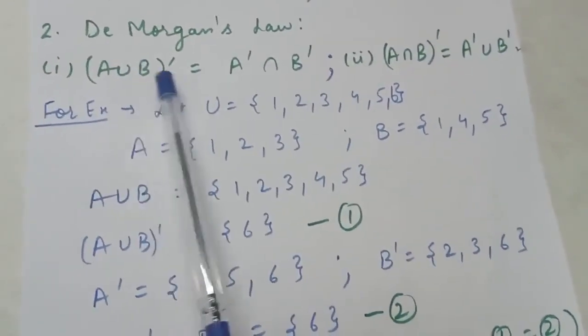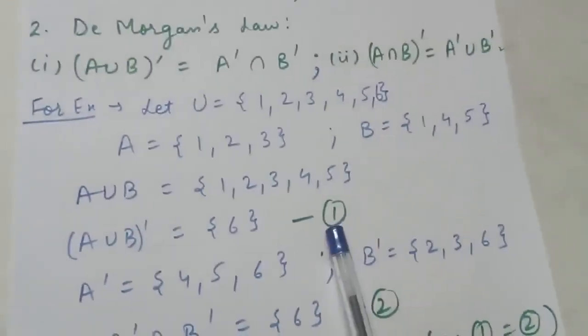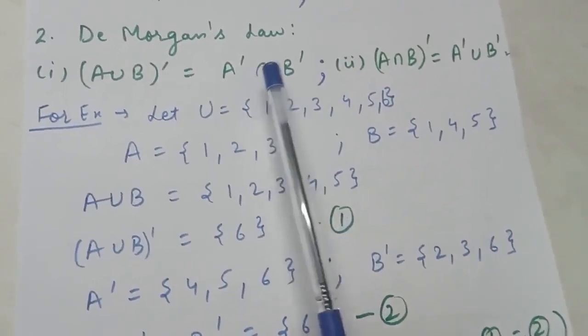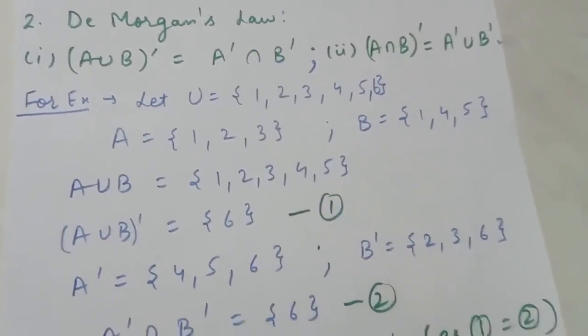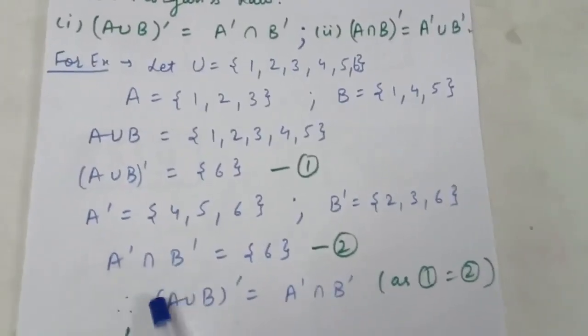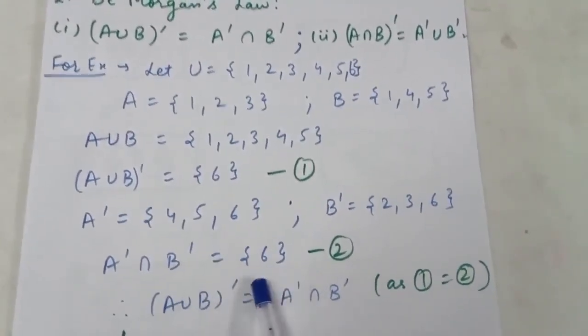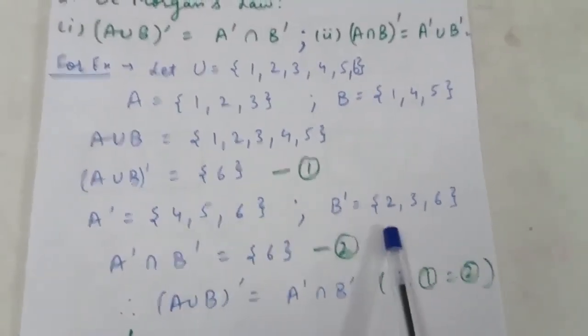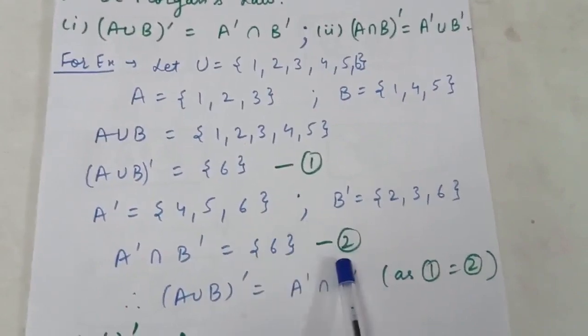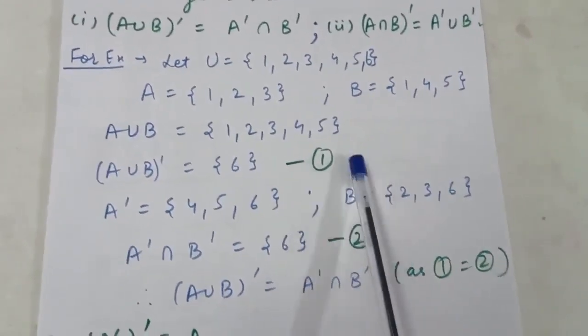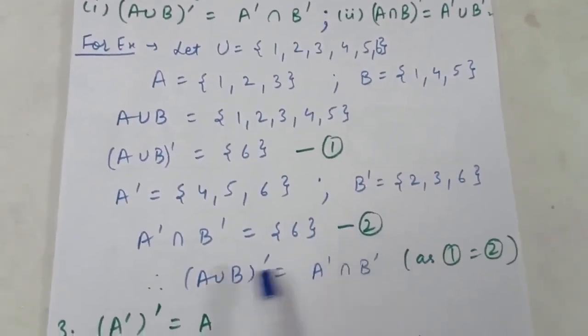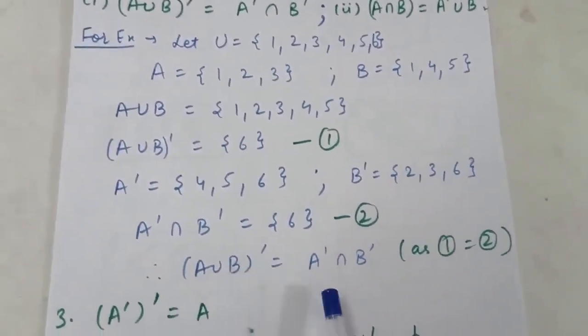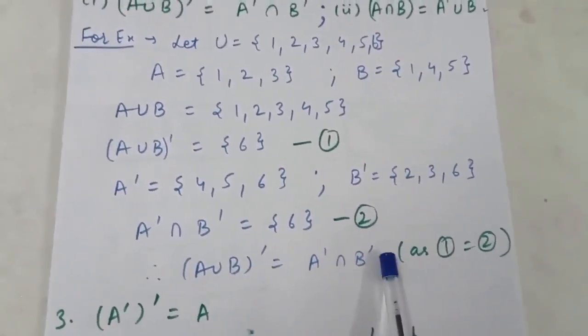We have already found A union B complement and name it as 1. Now we are finding A complement intersection B complement. So A complement intersection B complement is 6, as 6 belongs to both the sets. Let us name this as 2. As 1 is equal to 2, therefore A union B complement is equal to A complement intersection B complement.